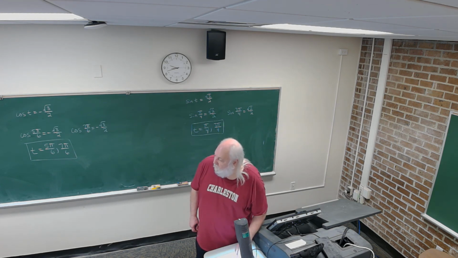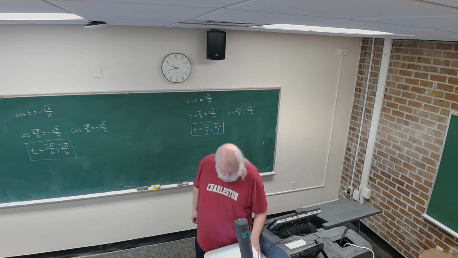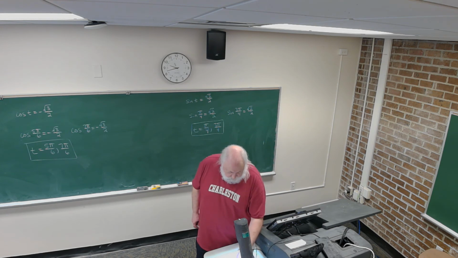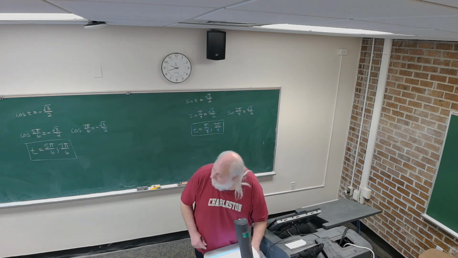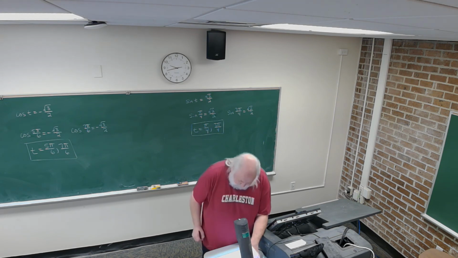So up above here, the sine of x plus pi over 2 is equal to the cosine of x.